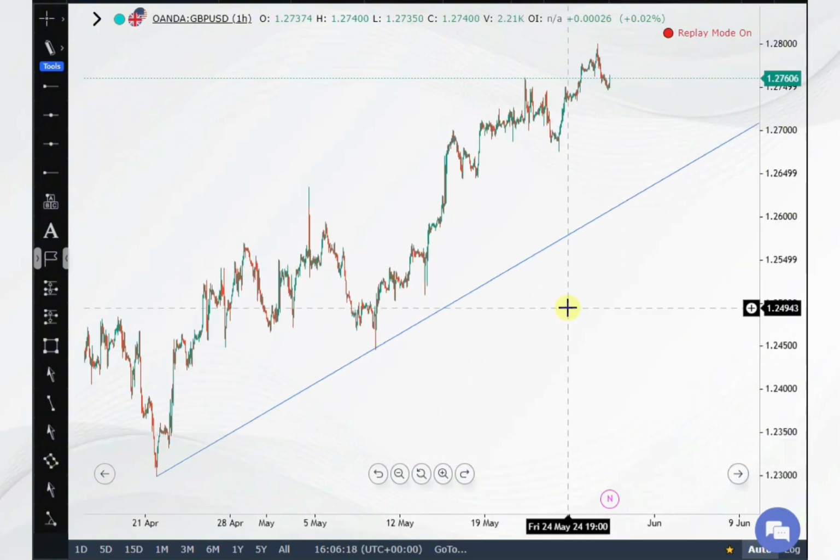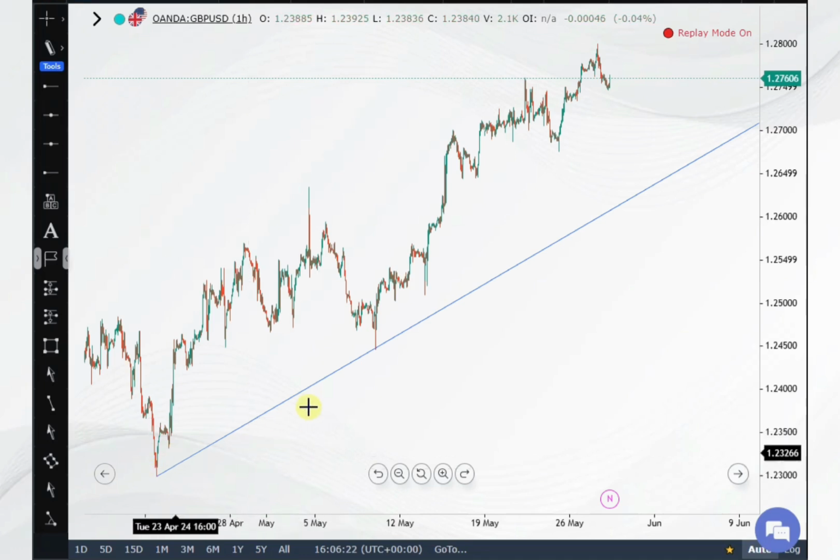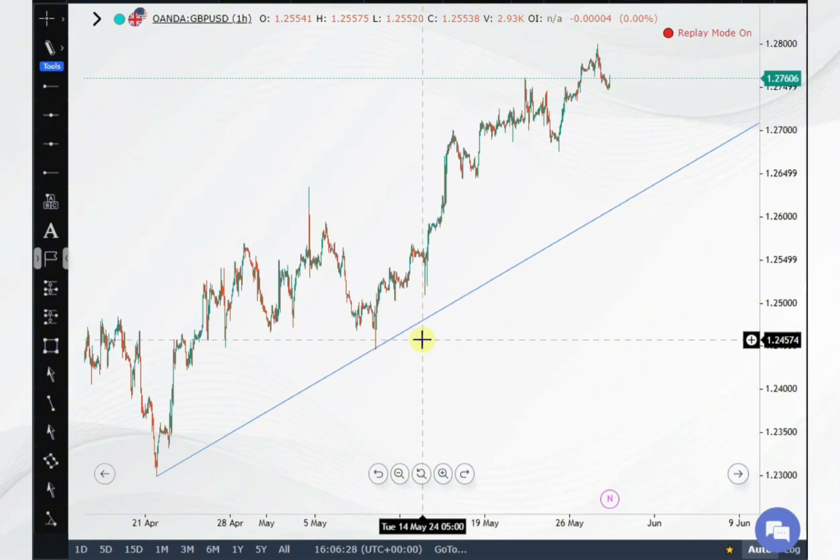So we have trends in trend. This is the overall trend line, and inside this trend line, there is also an overall trend.